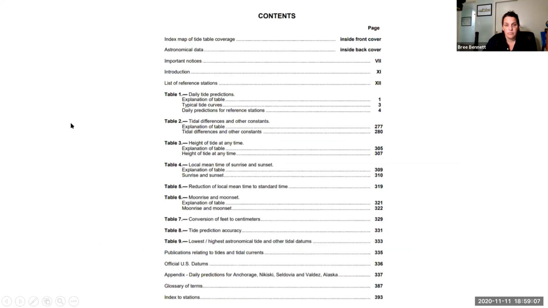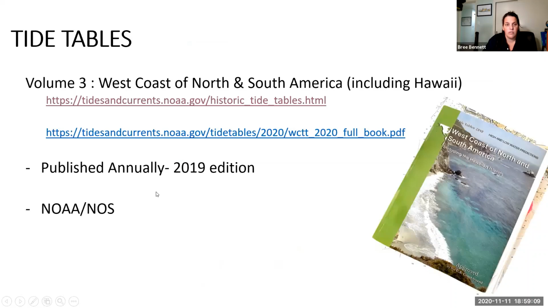Okay, so the National Ocean Service and NOAA publish these.